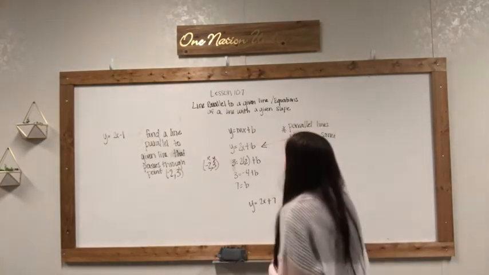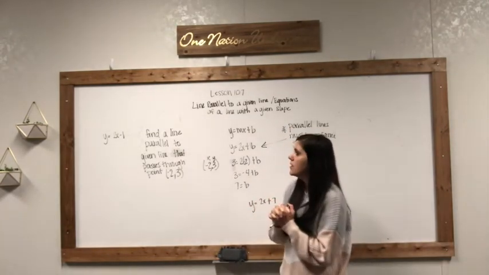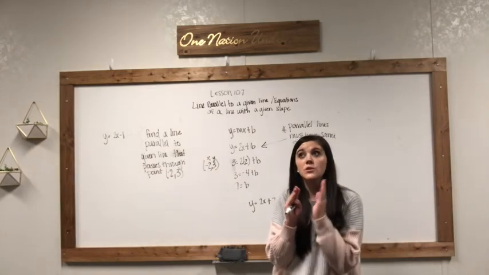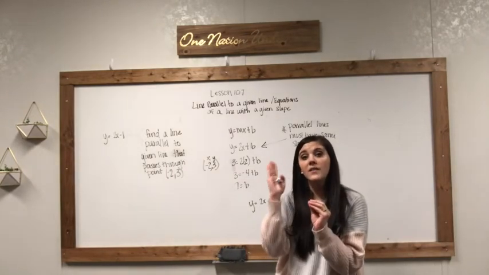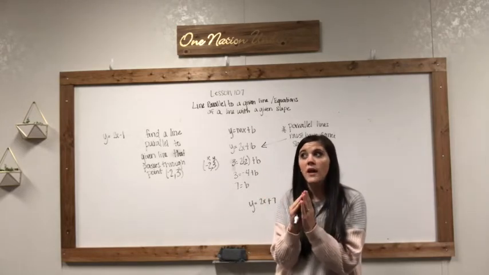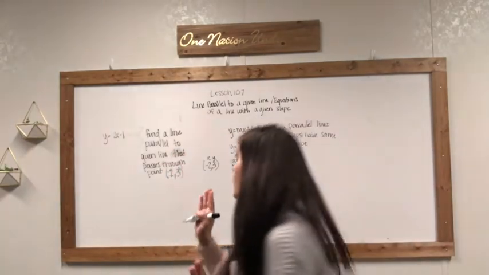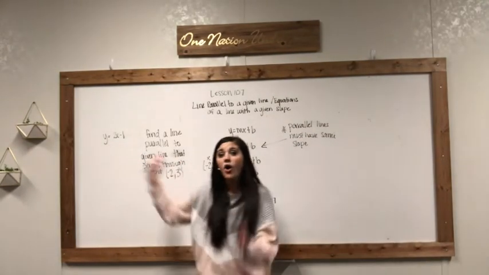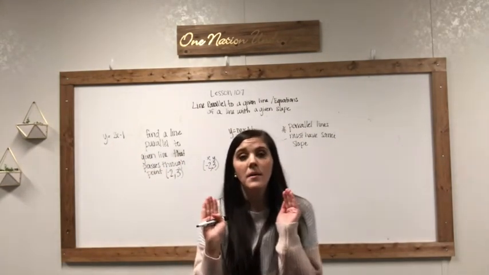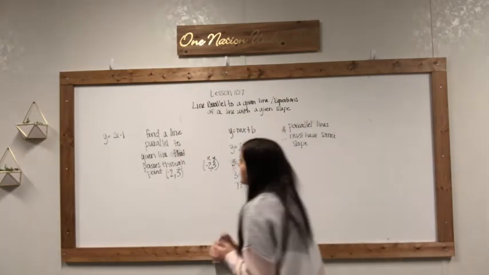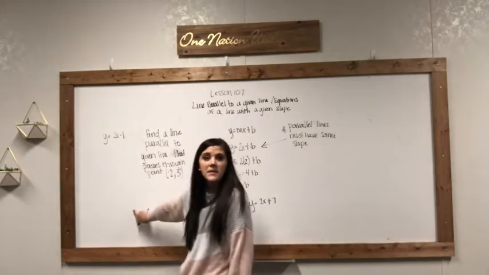So in order to solve this, there's one thing that you need to know. Lines that are parallel to each other are going to have the same slope. Okay, so by having this, I already have my slope for the other line, because the slope of the two lines is going to be the same.